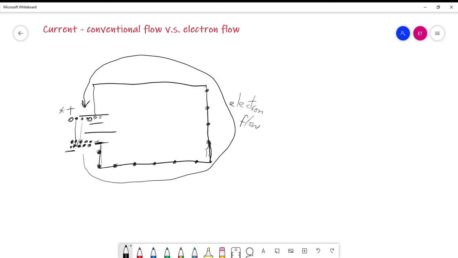Even in the water analogy, it would not be an empty pipe, but a pipe that's already full of water. That's important for a couple reasons: to understand that the wire you connect is full of electrons.